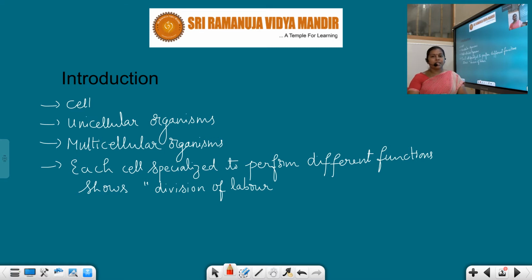Irrespective of the kind, every living creature, whether it is an animal, plant or a microorganism, possesses microscopic units known as cells. Cell is well known as the structural and functional unit of the living creature.